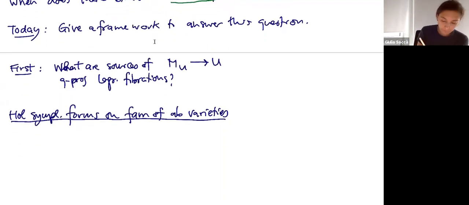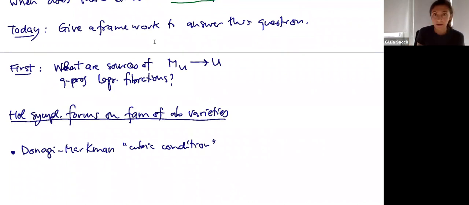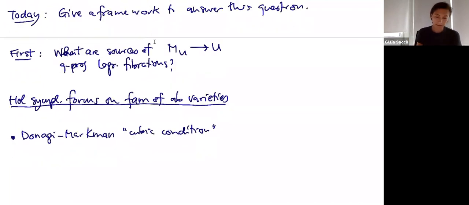And so the first technique is due to Donagi-Markman, and it's the so-called cubic condition, which I'm now going to be briefly recalling.